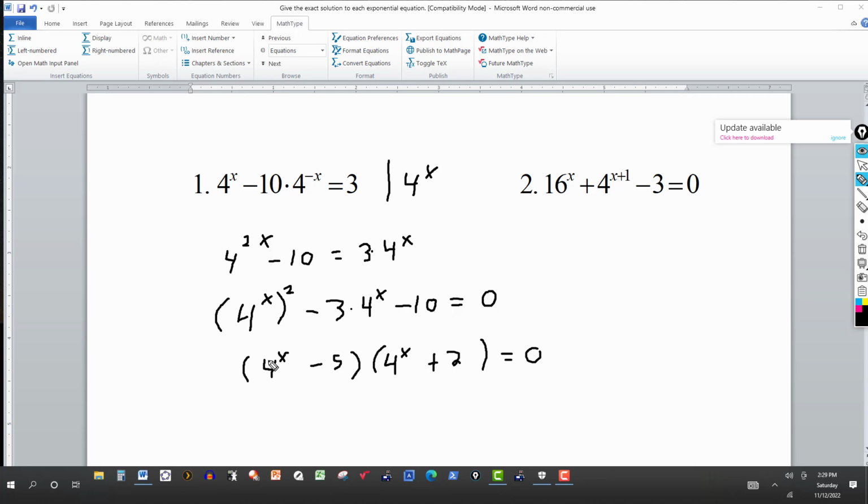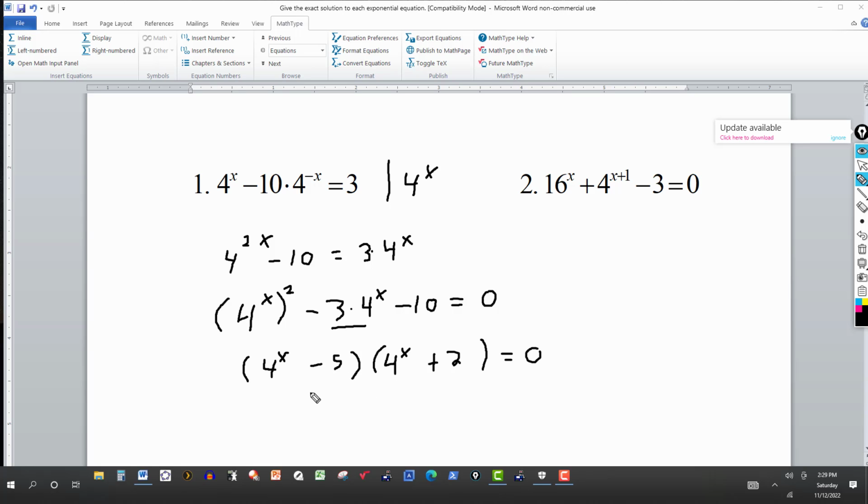So you can check it. 4 to the x times 4 to the x is 4 to the 2x, which is the same thing as this quantity here. Then minus 5 times 4 to the x, and plus 2 times 4 to the x, add them up, that gives you minus 3 times 4 to the x. That checks right there. And 2 times minus 5 is minus 10.